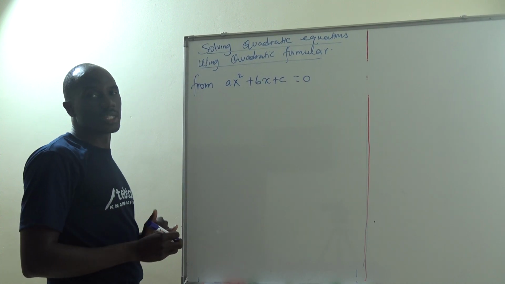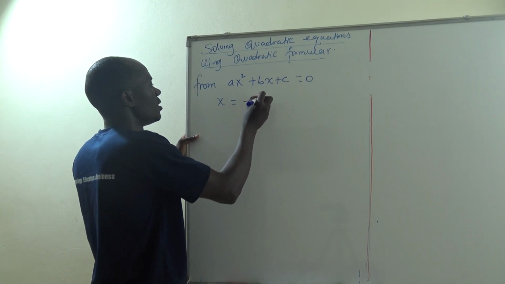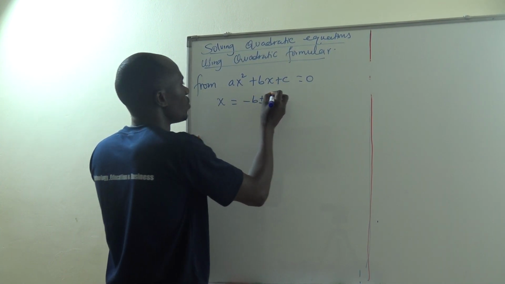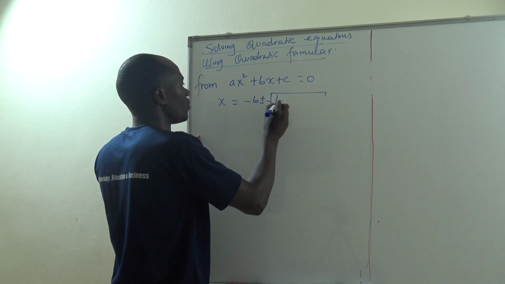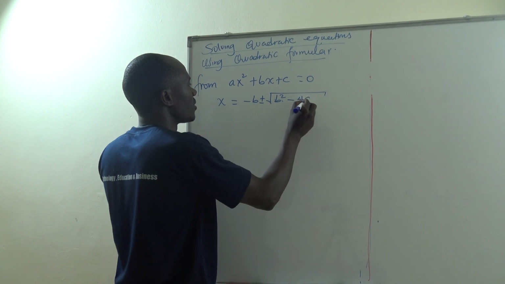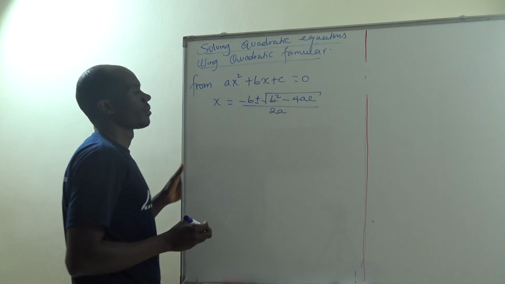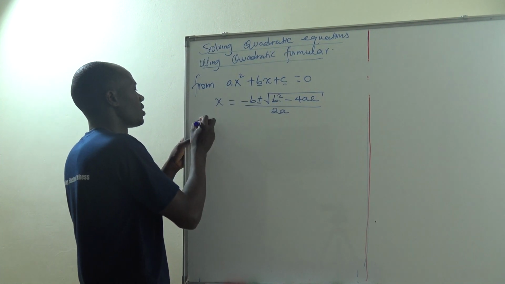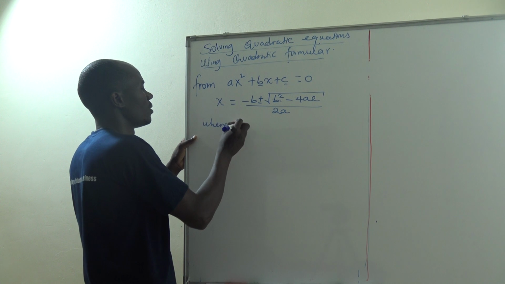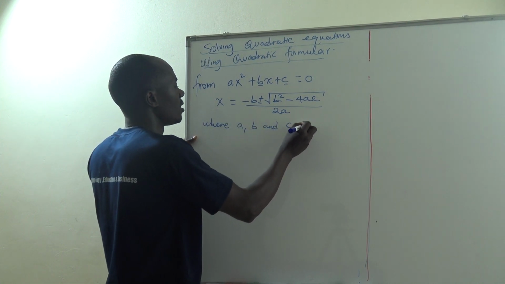Through making x the subject of the formula, we came out with x equals negative b plus or minus root of b squared minus 4ac all over 2a, where a, b, and c are constants.